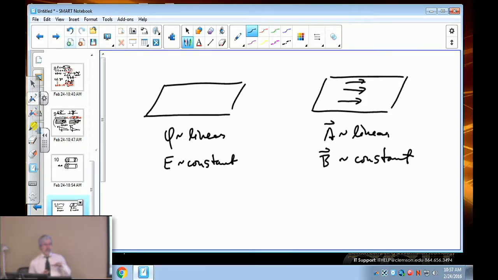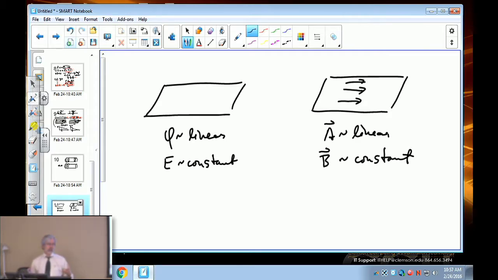Again, that's near the center of these things. You've got to stay away from the edges, near the middle of a large plate. That's where these simple behaviors hold. And you could use Gauss's law to demonstrate that in the first case and Ampere's law to demonstrate that in the second case.